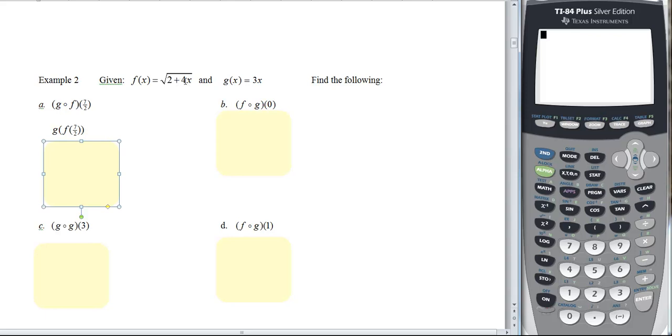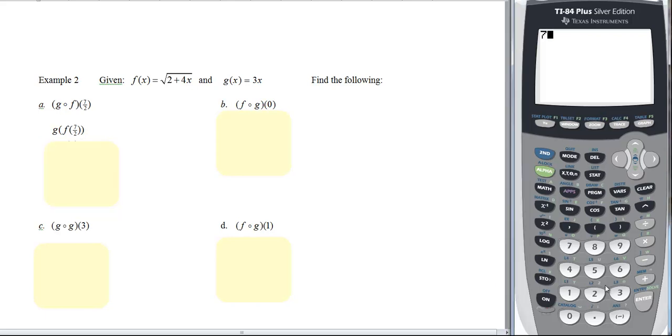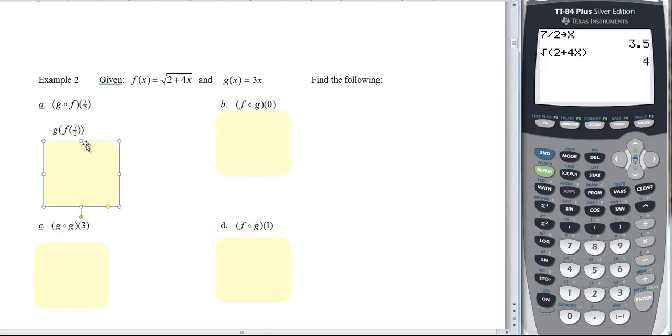That would give me a 16. So square root of 16 should be 4. Check it and see. So 7 divided by 2, storing for x. Second square root 2 plus 4x. Yep, there's my 4.